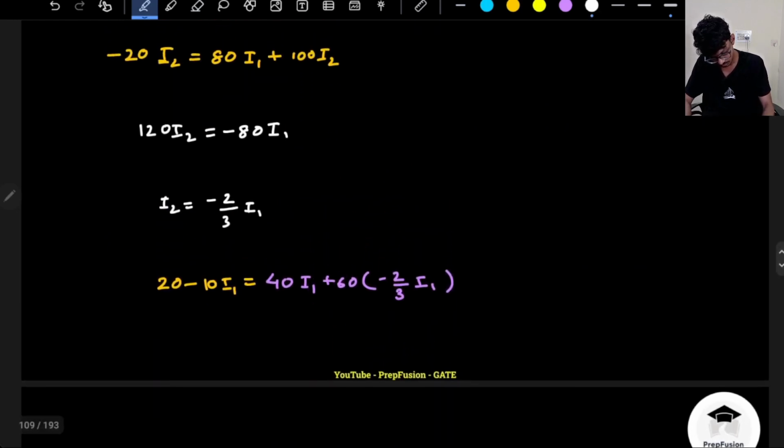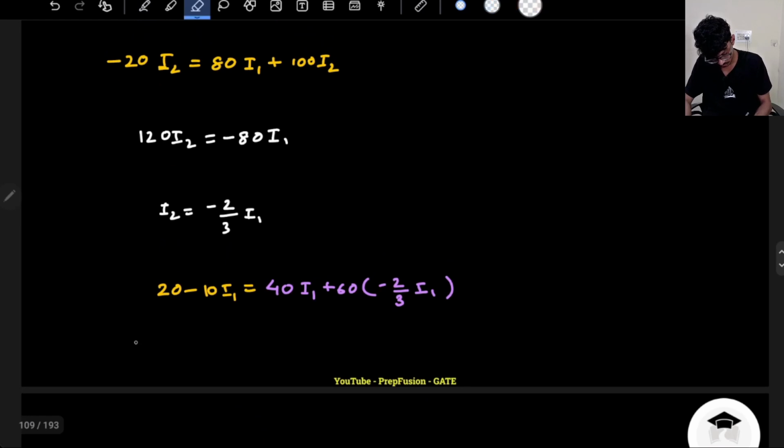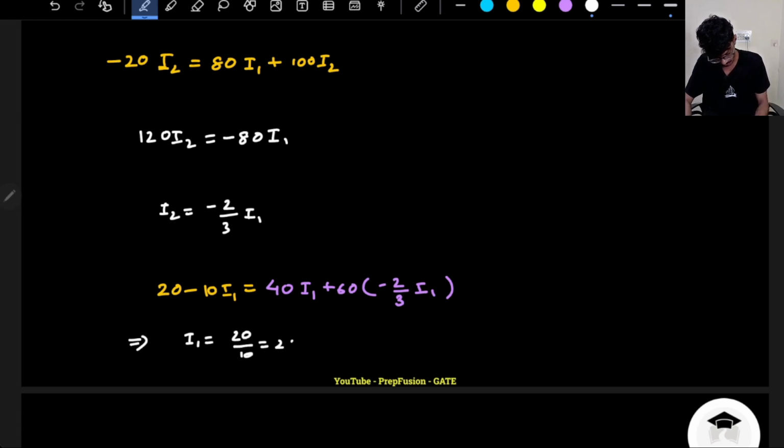So this will be 50 I1 and 50 I1 and minus 40 I1. So I1 is 20 by 10. So I1 comes out to be 2 amperes.